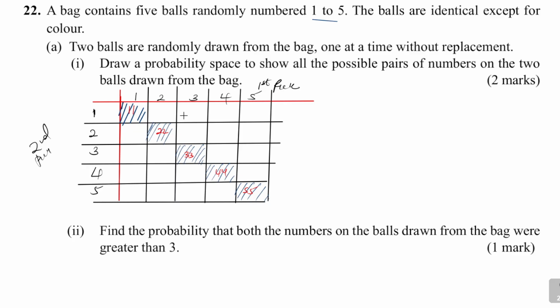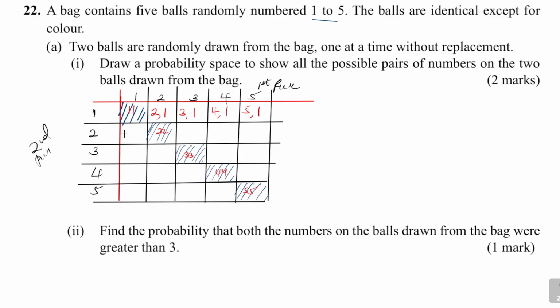Now the outcomes that we need to identify are here. We have the first pick, you get a 2, ball number 2. Then the second pick, you get a 1. Then the next one, you get a 3 in the first pick, then you get a 1 in the second pick. You get a 4 and then a 1. This one is a 5 in the first pick, then a 1 in the second pick.